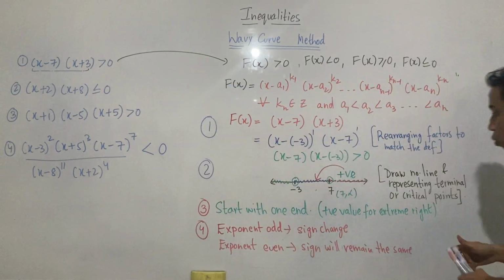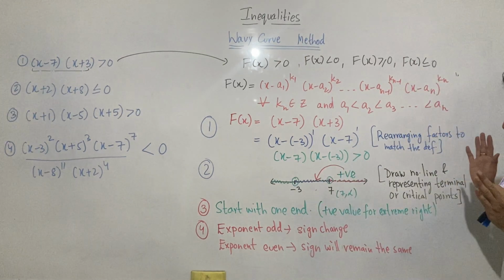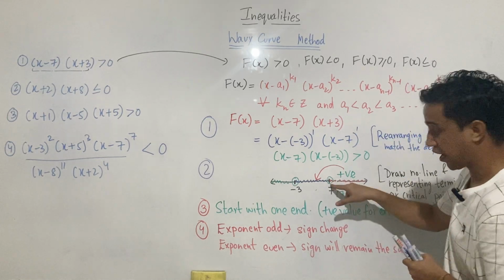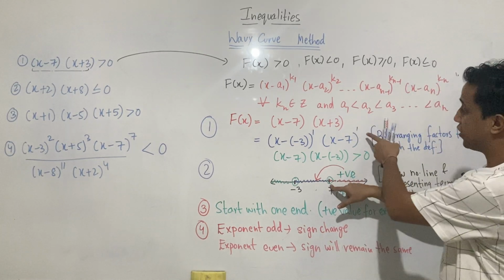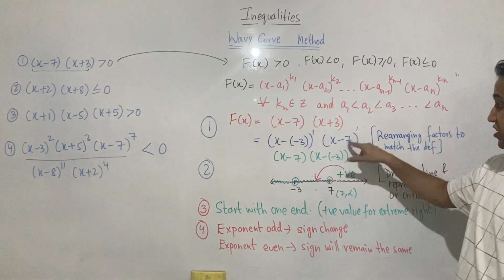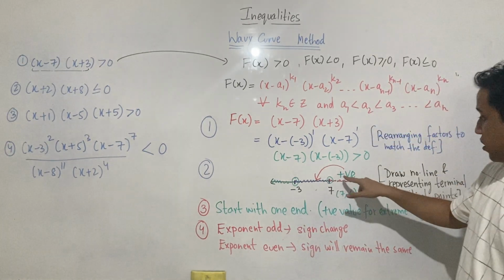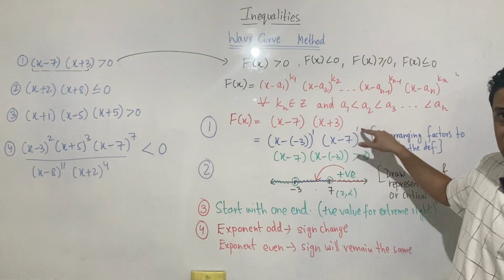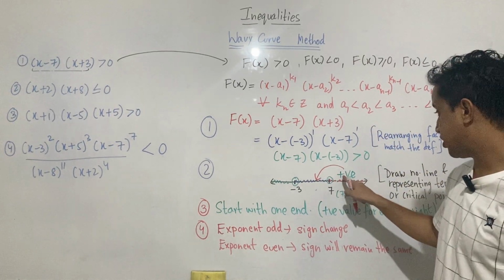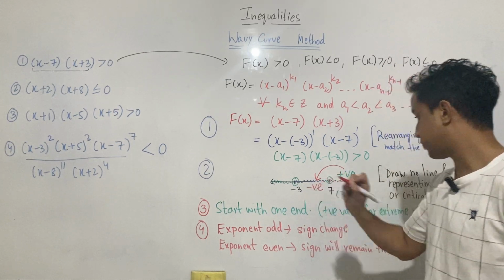Now see here, when I jump from this interval to this interval, what is the boundary? The boundary is here at 7. So I have to check the exponent of the expression that involves 7. Here it is 1, and I know 1 is odd. So if the exponent is odd, then here the sign will change. So if it is positive here, here it's going to be negative.